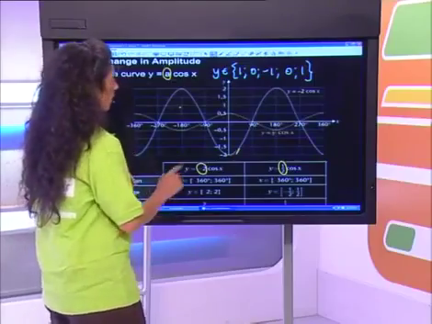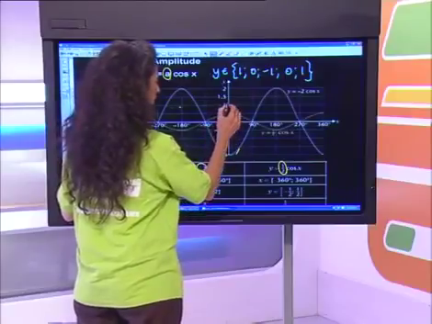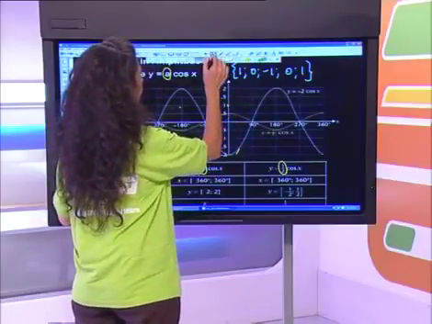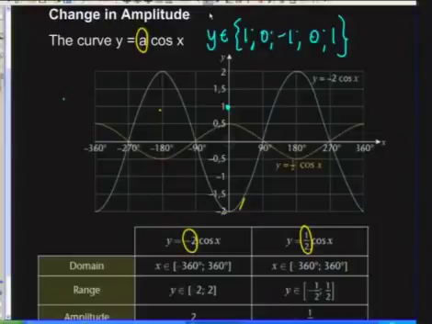Now notice that the parent graph of cos, let's do it in blue, would start at 1, it then goes to 0, it then goes down to a minimum, back to 0, and over there. So your parent graph of cos does that, and it takes 90, 180, 270, it takes 360 degrees for us to start repeating the cycle.